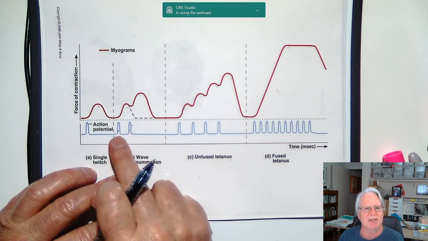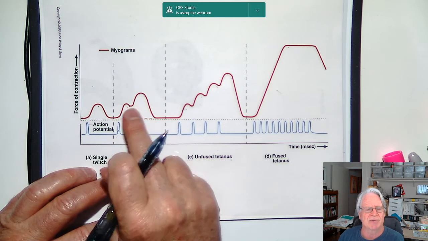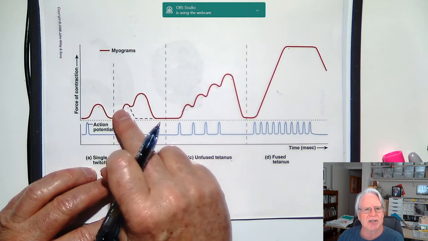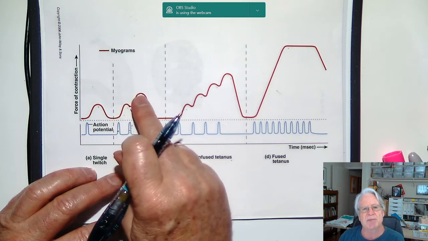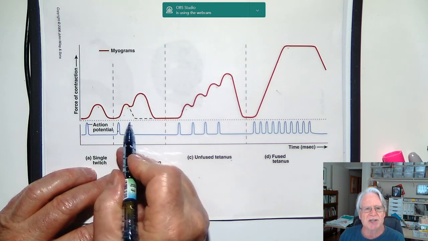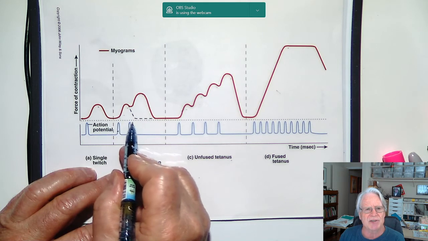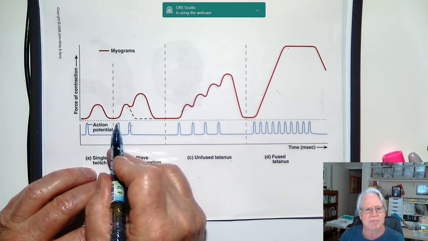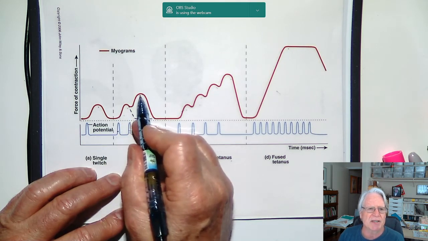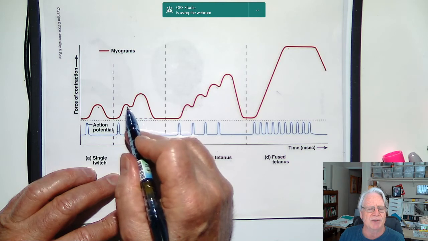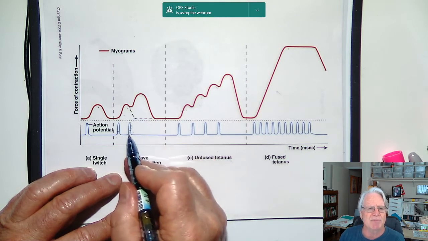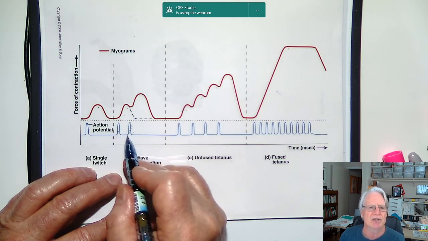We get a second stimulation outside of the refractory period, so we get a different reaction. Here's our initial one, and then notice it drops off here, and then it climbs. But look, the stimulation is the same. There's no difference in the strength of stimulation, but we get a difference in the amount of force that's being applied. With the second stimulation, we get more force than we did with the first, even though each stimulation is equal to each other.